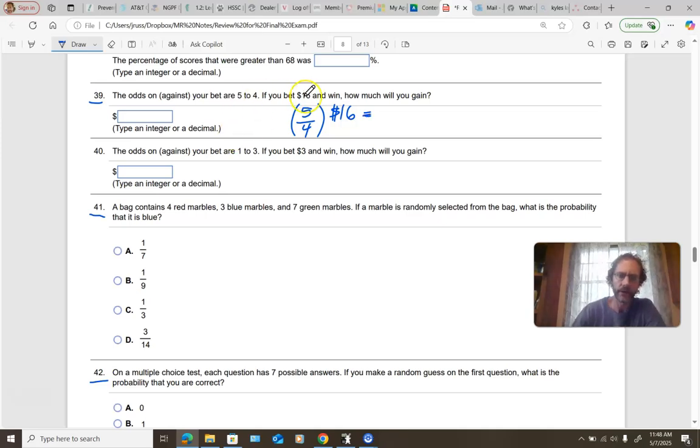Now, you can convert 5/4 into a decimal if you want, or you can just type all this into your calculator. If you do that, I think you're going to get $20. And the ratio of 20 to 16 is the same as 5 to 4. So you're going to win $20, and then, of course, you'll get your bet back.